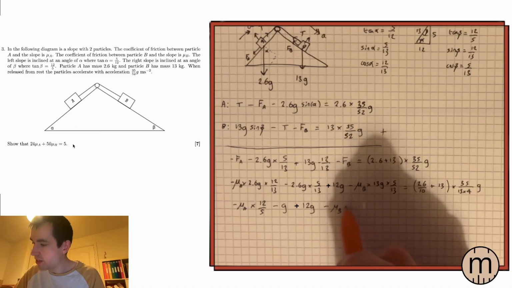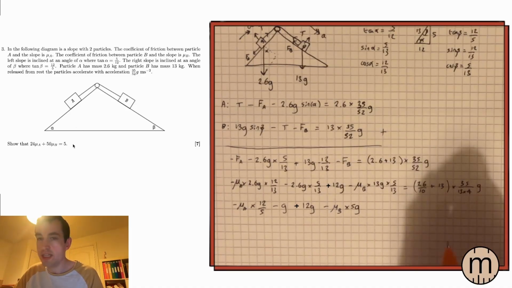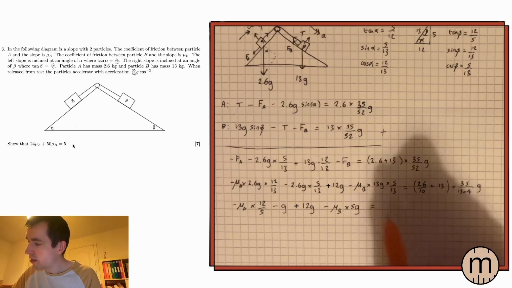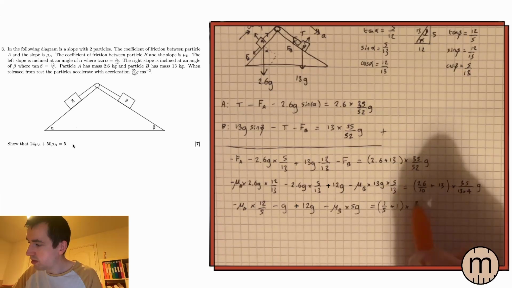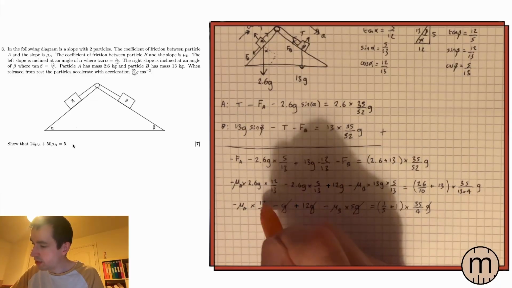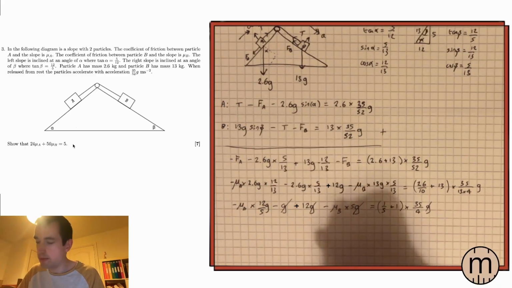That's a bit easier to do. That's just mu B times 5g. And then over here, we're going to get 13s cancelling. So 1 over 5 plus 1 times 35 over 4g. I see a whole host of g's, including one that I accidentally missed off. So I'll cross that off too.